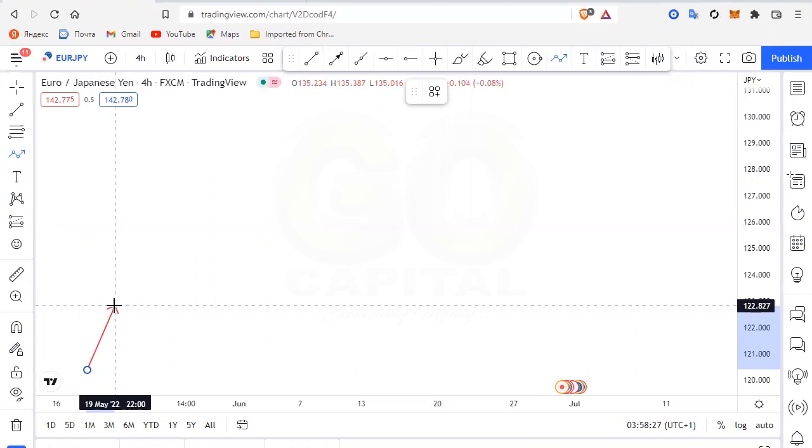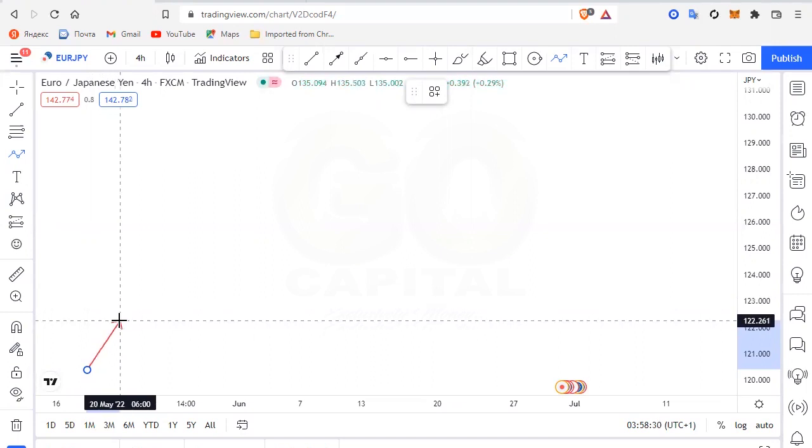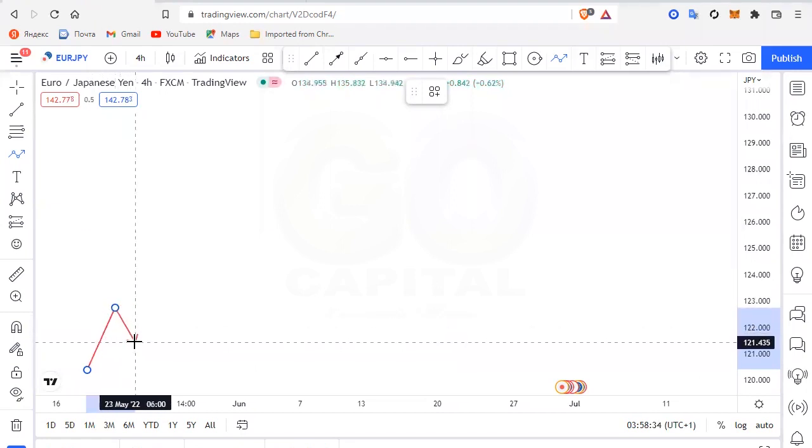When it gets there, it will pause and then start coming back. When it comes back, it will not just come back to any point it likes. It will come back to a specific reference. I'm going to explain all of that to you as well.